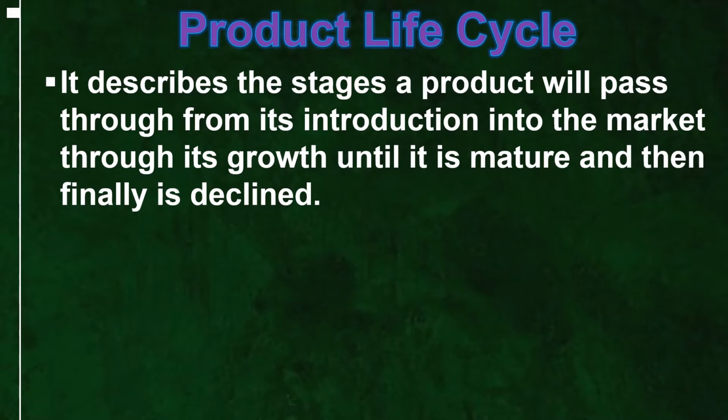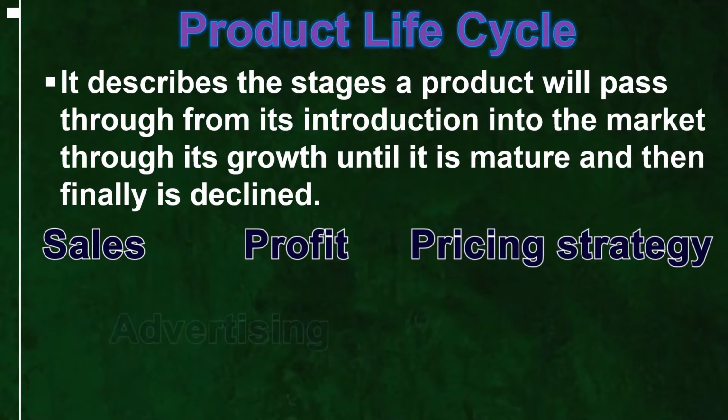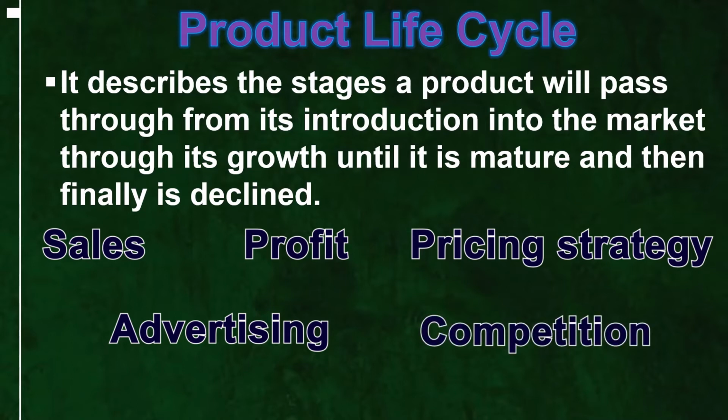Products do not last forever. Therefore, a typical cycle for a product is as follows. Please pay more attention to what happens to sales, profit, pricing strategies, advertising method, and competition at each stage.